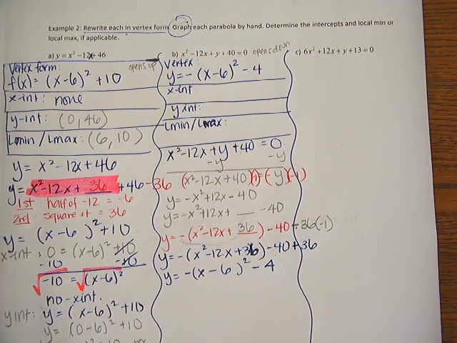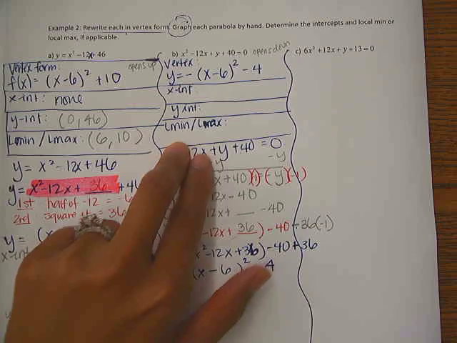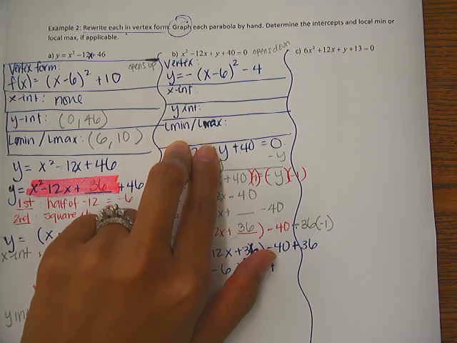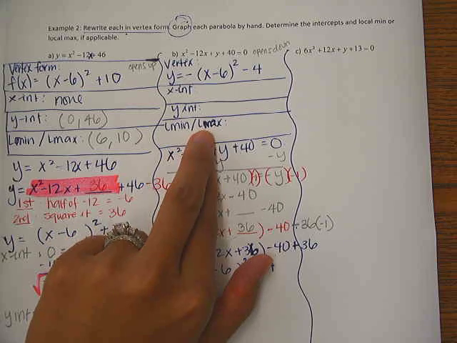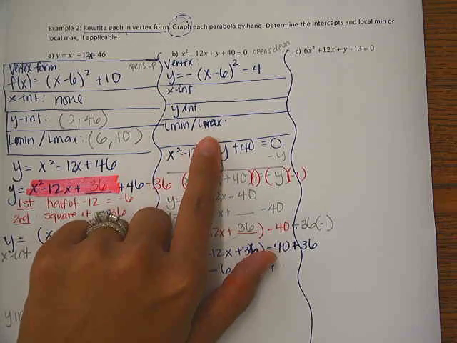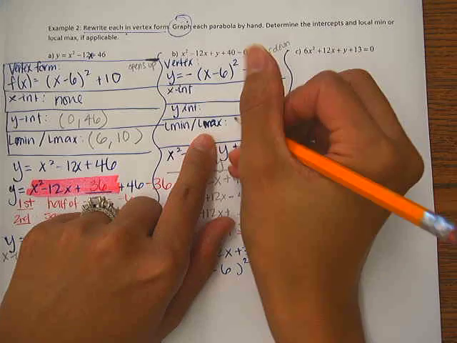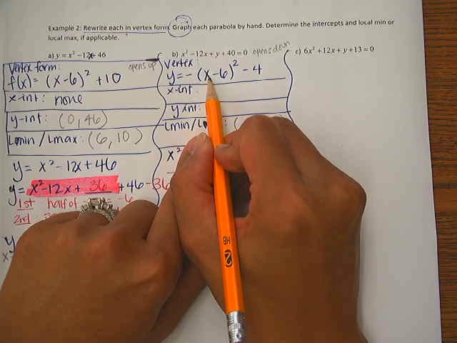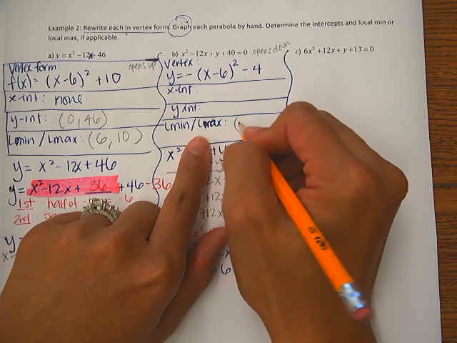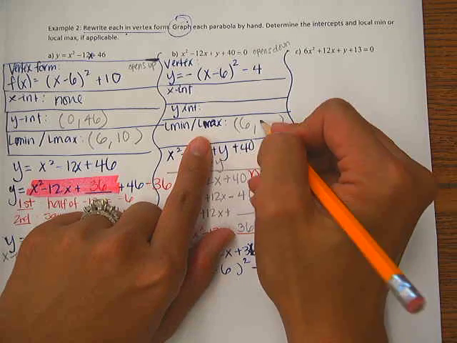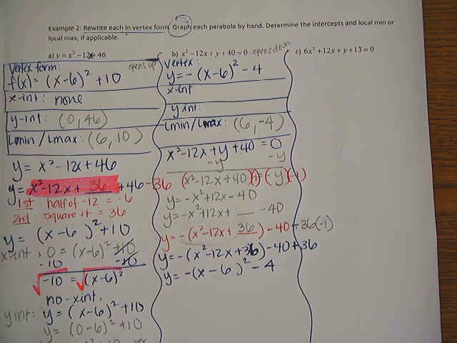If it opens down, am I going to have a local min or local max? I would want you to circle the local max. So circle this right now. And it's a local max, then we just have to find the vertex. And the vertex is, because this is x minus 6, it's going to stay as a positive 6. And outside you don't switch, so that's staying at a negative 4.